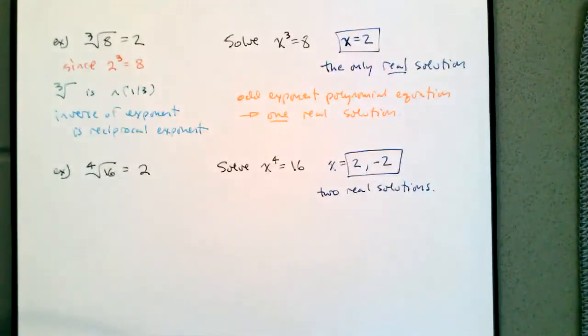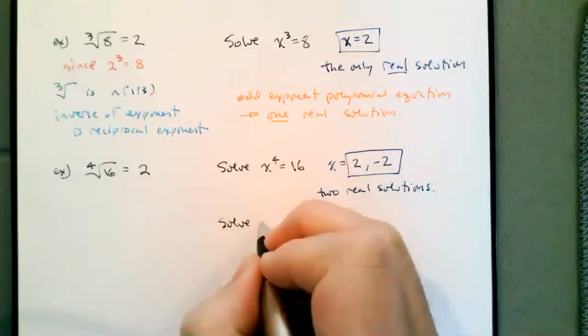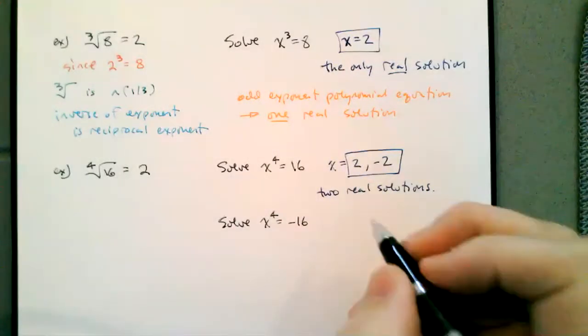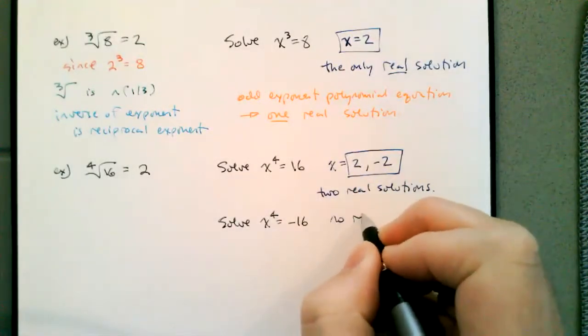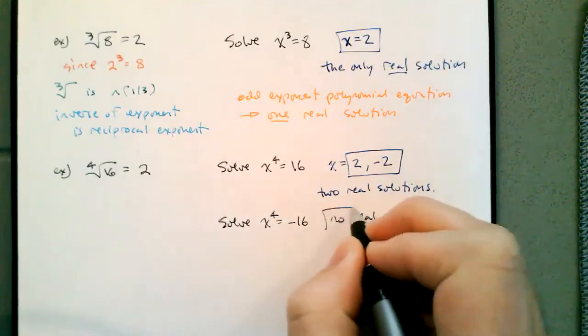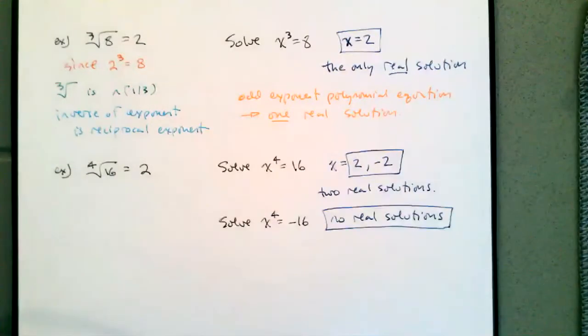But if I ask you to solve x to the fourth equals -16, there are no real solutions. Even exponent polynomial equations will have 2 or 0 real solutions.